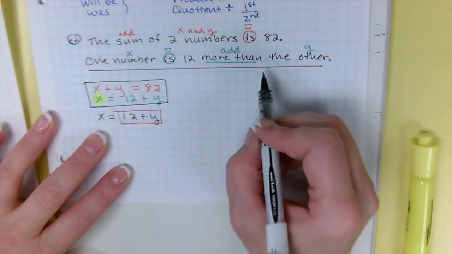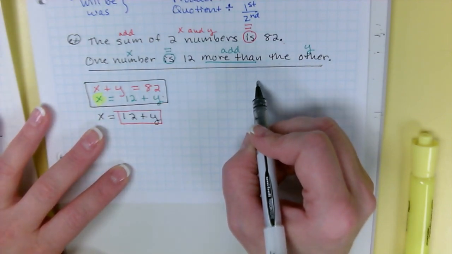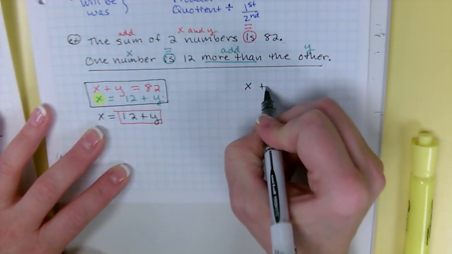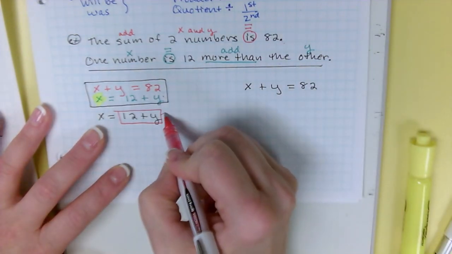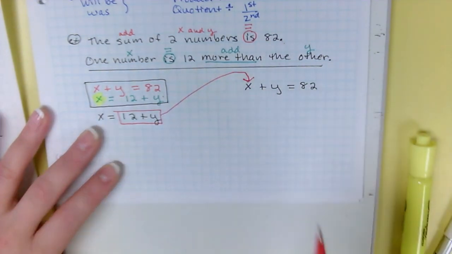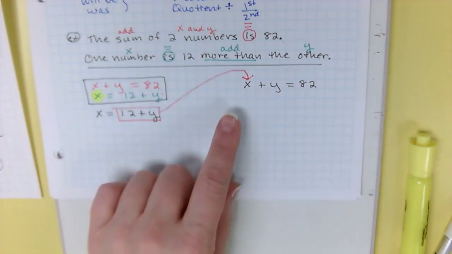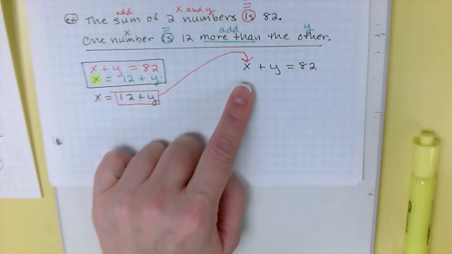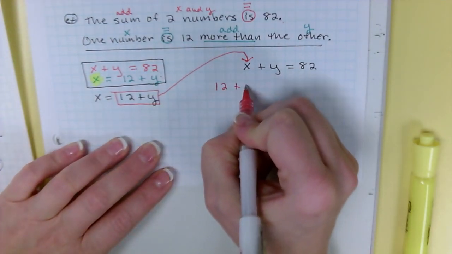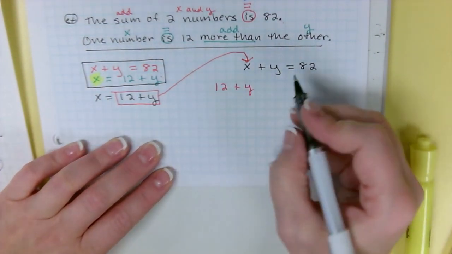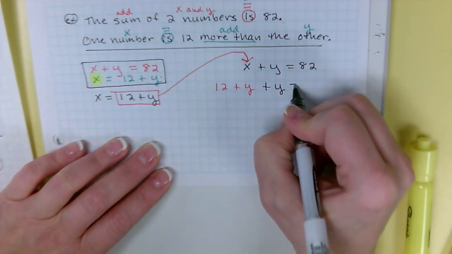Okay, write the other equation up here on the right-hand side, which is x plus y equals 82. And we are going to replace the x with the 12 plus y. Now, in this case, the x isn't being multiplied by anything, so you don't need parentheses. You can just write in 12 plus y without parentheses.